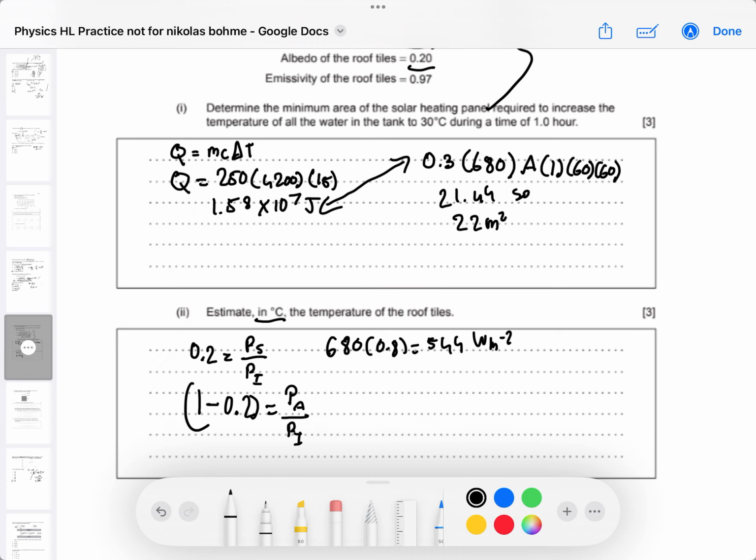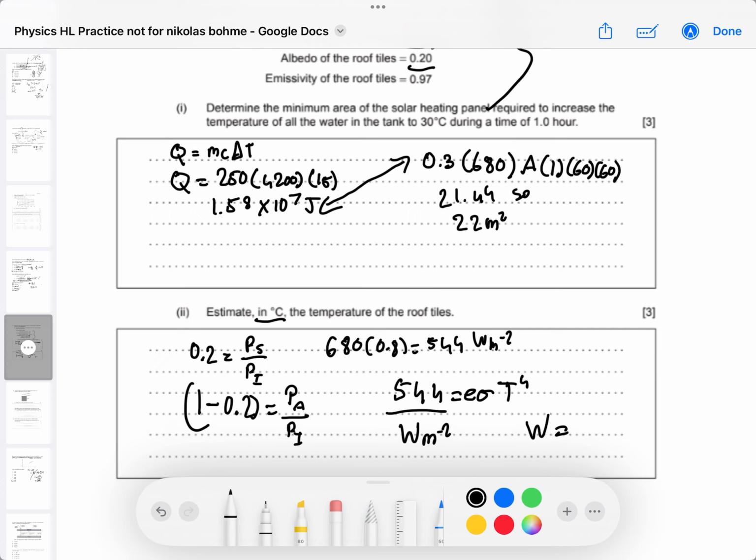With this value, we can now say that 544 will equal the Stefan-Boltzmann constant times the temperature of the tiles to the fourth power times the emissivity of the tiles. The reason we don't have the area A is because this has a unit of watts per meter squared, and we know that power is equal to emissivity, which has no units, the Stefan-Boltzmann constant, the temperature to the fourth, and the area.